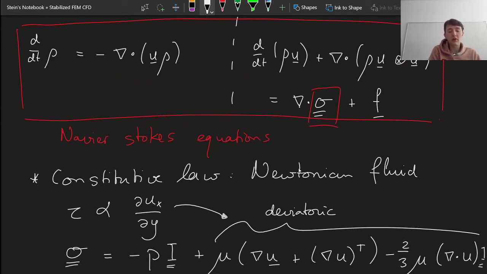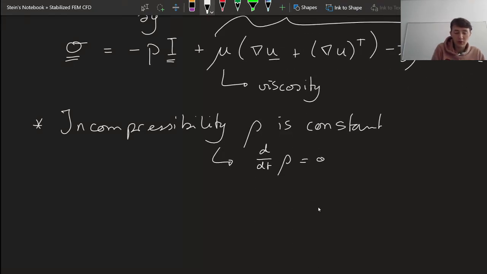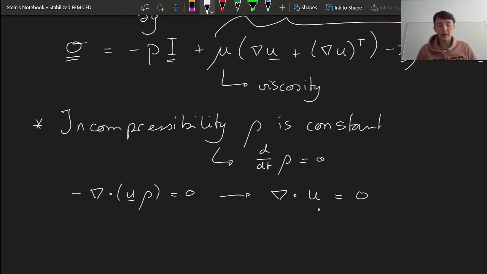So that means that the left-hand side here is 0, and the divergence of u times rho has to be 0. So we get minus the divergence of u rho is equal to 0. Since rho is constant, we can pull that out, and we simply get that the divergence of u is equal to 0. And that's a relation that defines or corresponds to incompressibility.